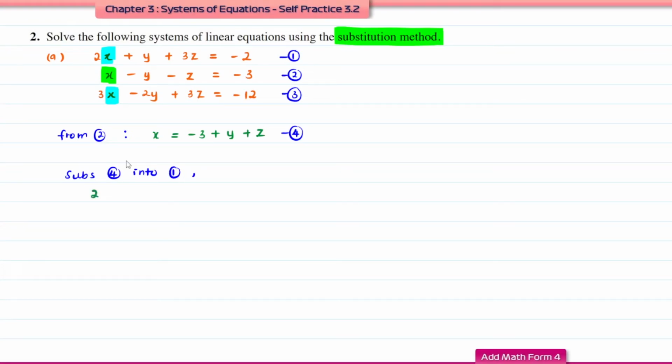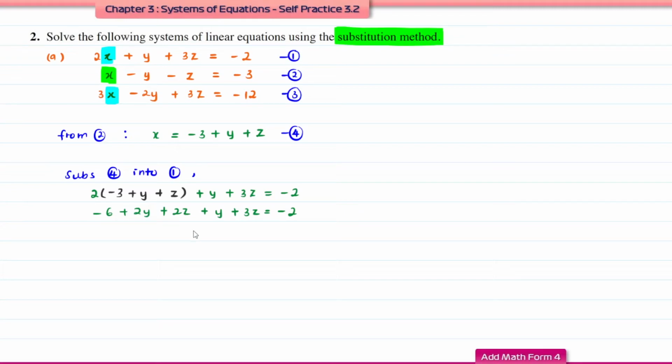So 2x, where the x I'm going to substitute with negative 3 plus y plus z, later on plus y plus 3z equal to negative 2. So next here, I'm going to expand it. So here I'm going to have negative 6 plus 2y plus 2z plus y plus 3z equal to negative 2.